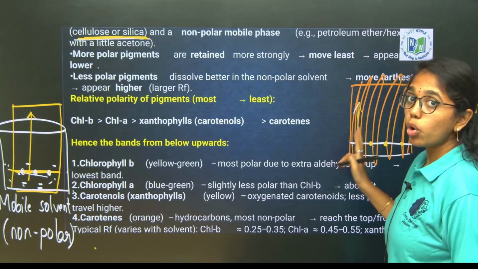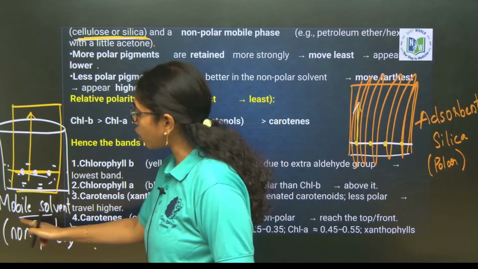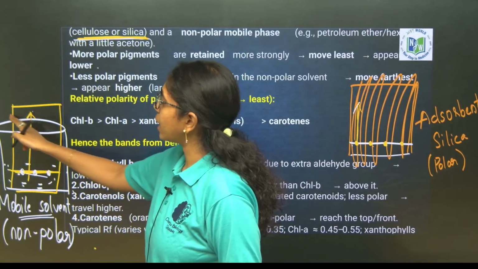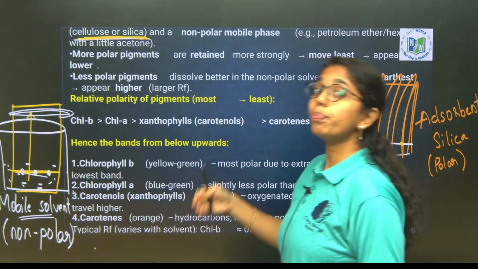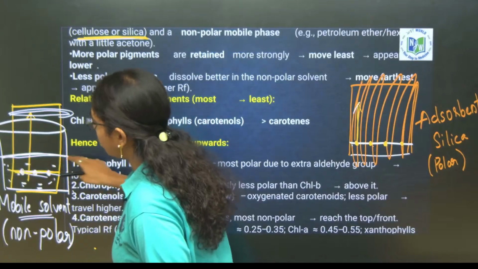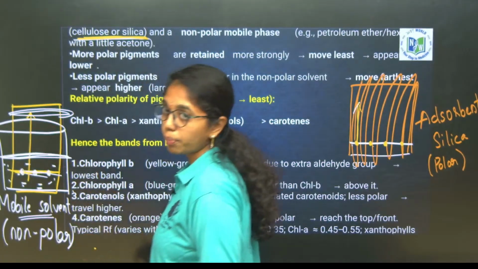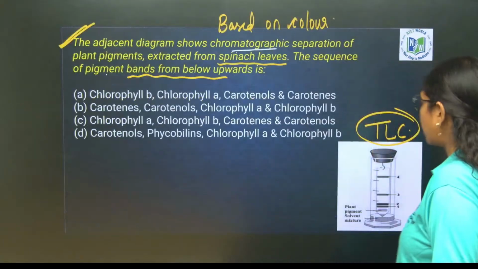Those which are more non-polar, along with the mobile solvent, will move upwards and the band will appear over here. Those which are more polar will stop their movement first because they can't move along with the non-polar solvent. Understood?